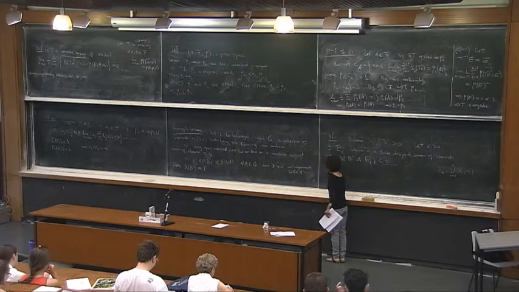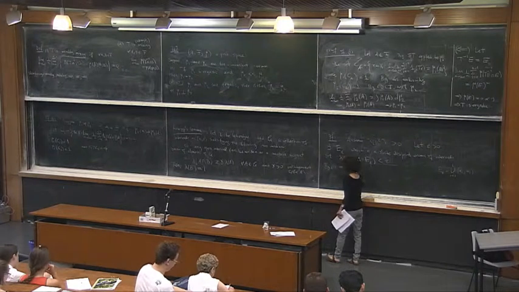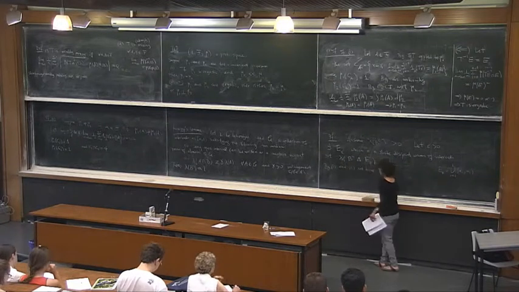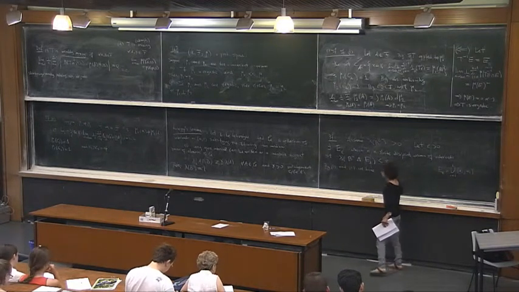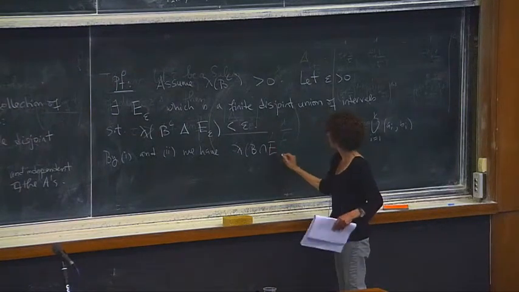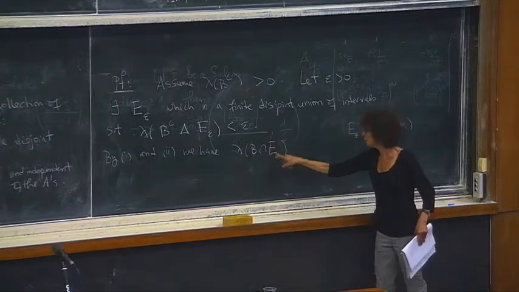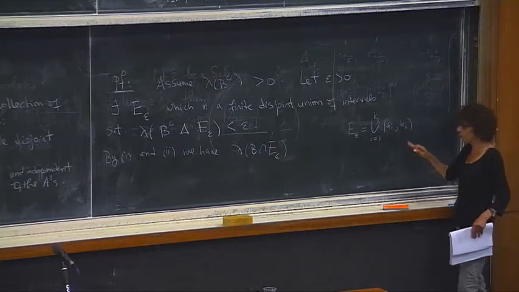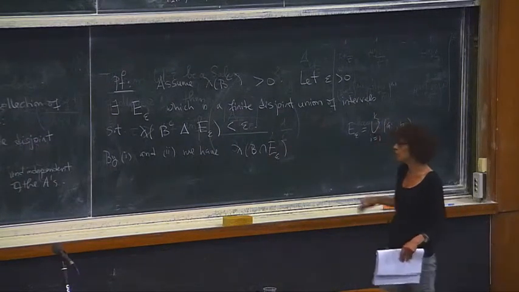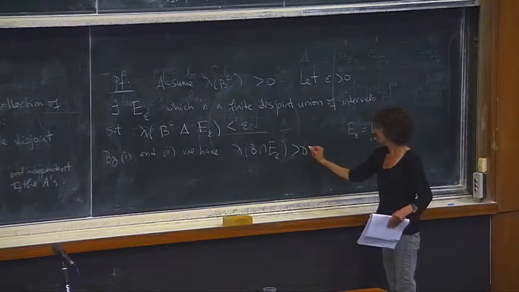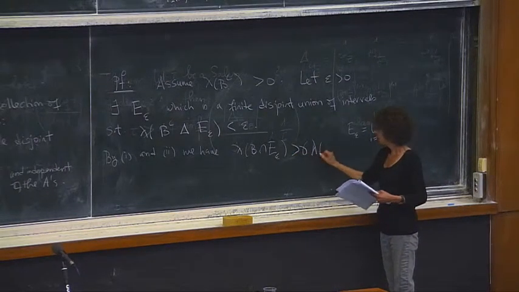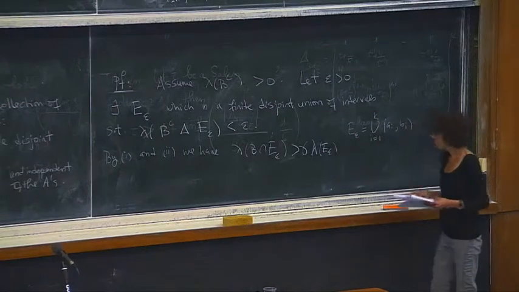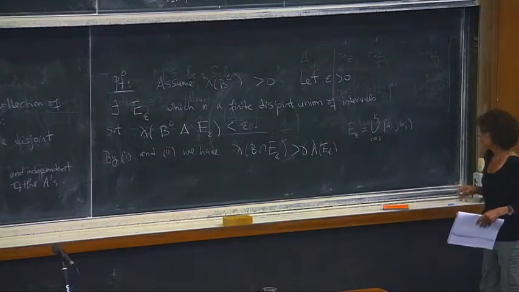By 1 and 2, it's very easy to see that lambda of B intersection E is, for each one in this countable union of elements of C, greater than gamma times the lambda of that measure. So you end up with this greater than gamma times the measure of E. It's an easy thing.